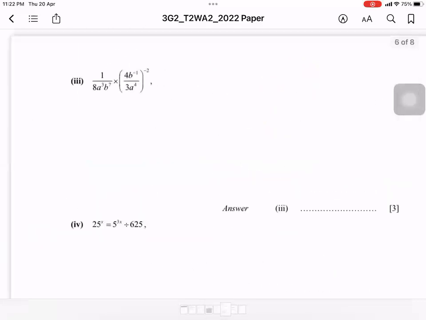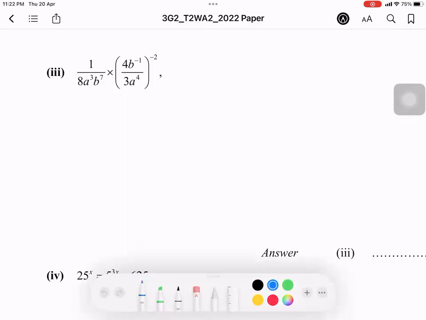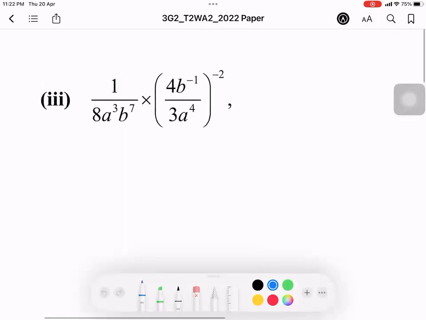So how are we going to do this question? Firstly, let us take a look at our numbers and the powers. For this question over here, you notice that there is a power negative 1 over negative 2. So what we can do first, we can leave the part over here untouched. And now we are going to apply this negative power to the whole fraction.